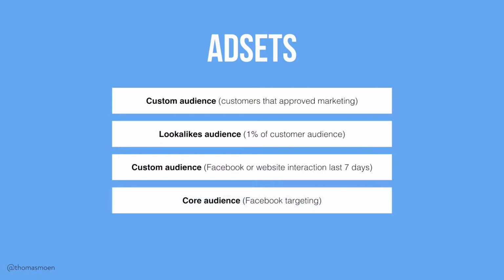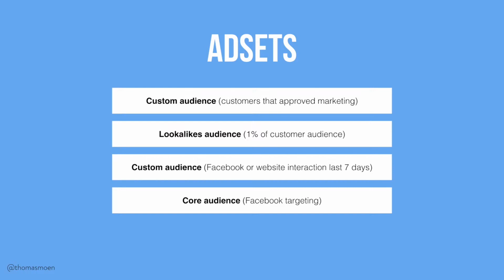And the last one is core audience, which is Facebook's targeting. That's usually what the customer wants to reach. We want to reach women between 25 and 45 that live in big cities, for example. And then I use Facebook's data to do the targeting within that. So that is my basic ad sets.